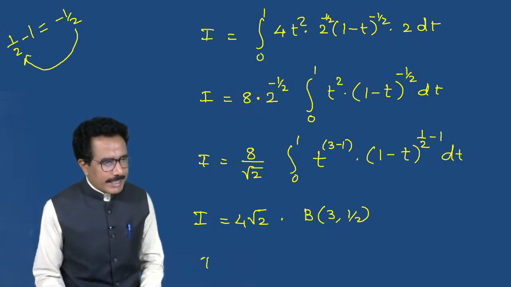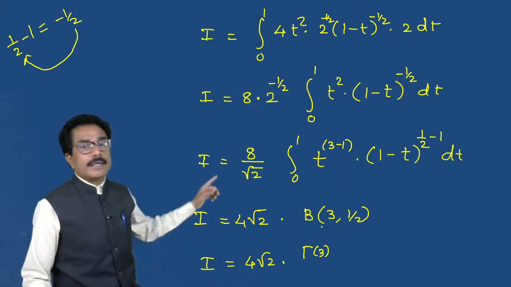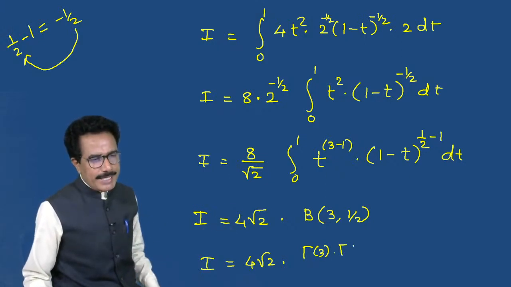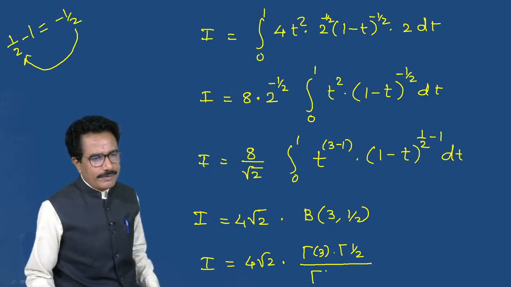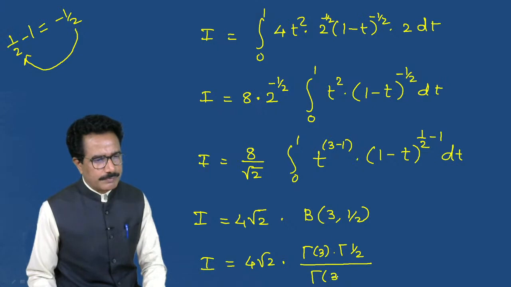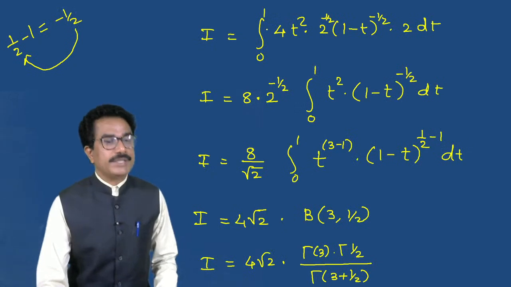So again we can write this as 4 root 2 gamma 3, beta m comma n means gamma m into gamma n divided by gamma of m plus n means 3 plus 1 by 2. Is it okay?